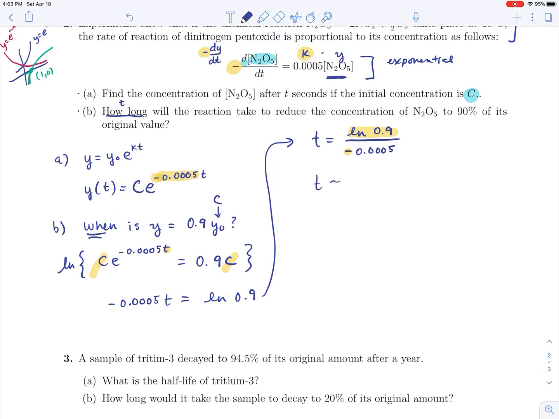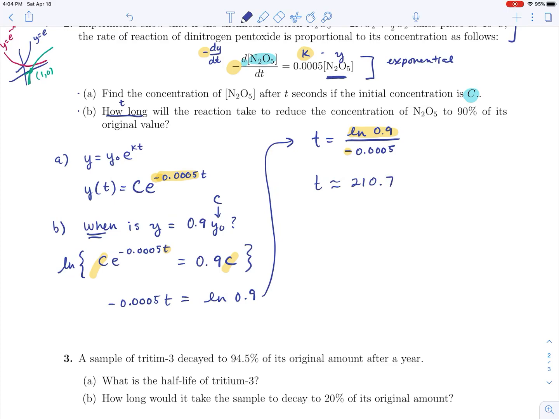We're going to get t is approximately natural log 0.9 divided by 0.0005, and that gives me a negative, but with the negative in the denominator, 210.7.